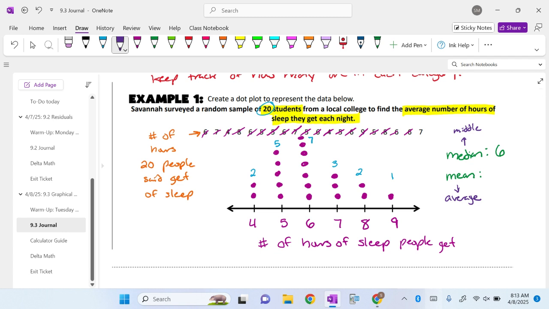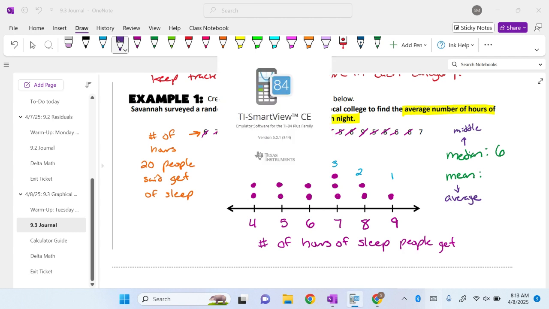So just like Taylor said, we would add up all of our data set and then divide it by the number that we have, which in this case is 20. So very quickly in our calculator, we're going to do just that. You've got to be careful about this when you're putting this in.